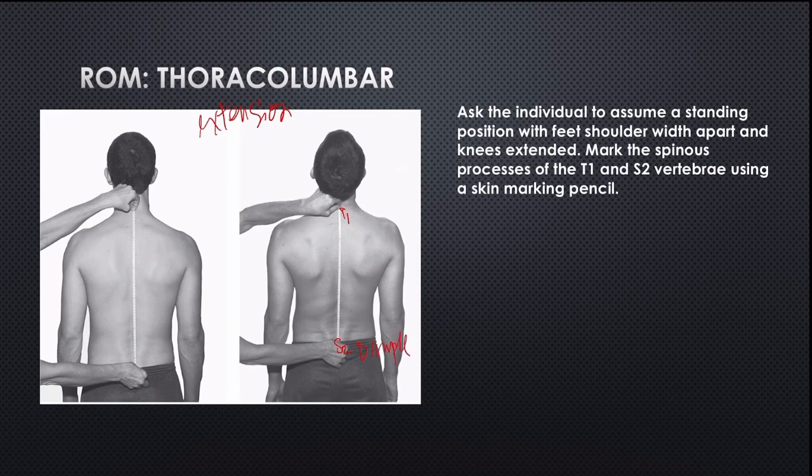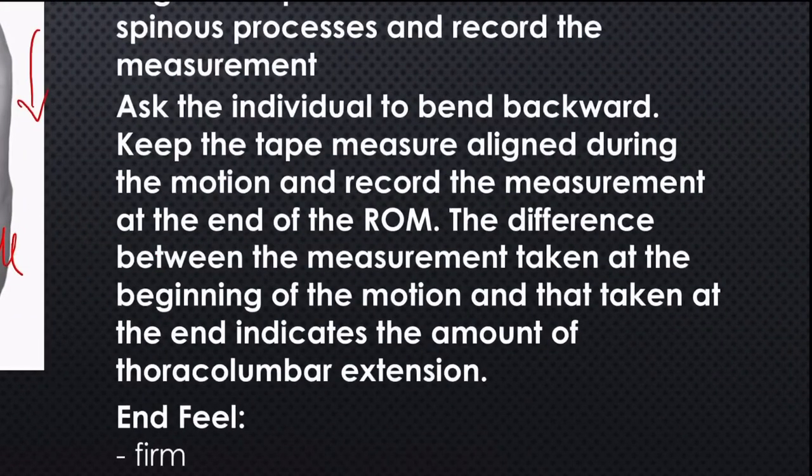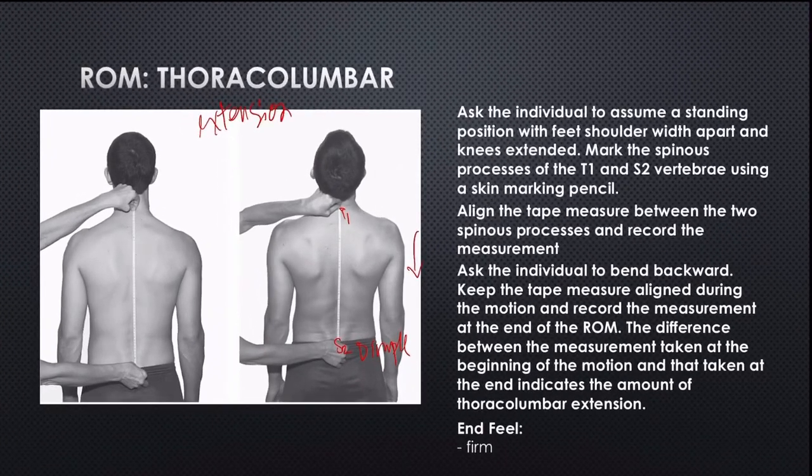Still the same, and then mark the difference. Because this is going backward, the measurement would be lesser. So just simply subtract the lower number from the higher number to get the measurement.